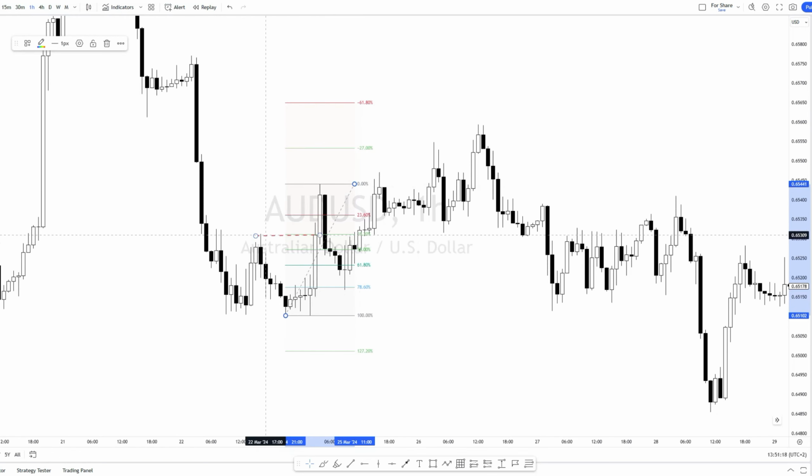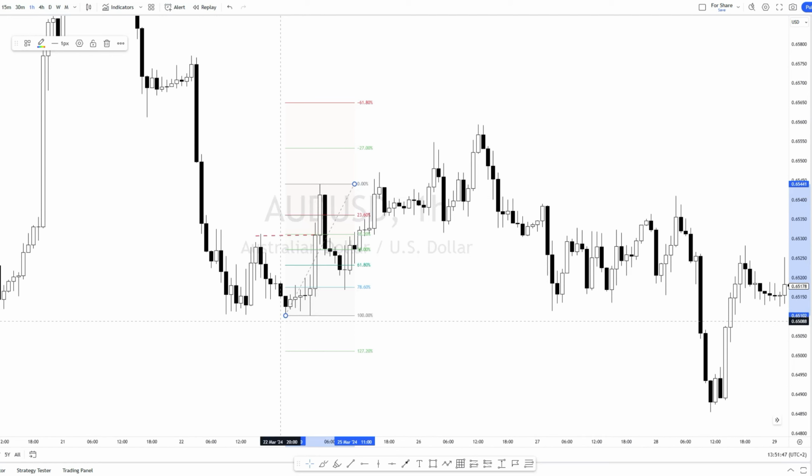Because this is the break of structure, and this is A, the last low before the breakout, and here after the breakout happens, you draw. So this is B. B is confirmed whenever there is a candle close lower than the last high, like this. I will explain this in the next video about how to understand the pullback, okay? But in this video, let's just say this is AB.